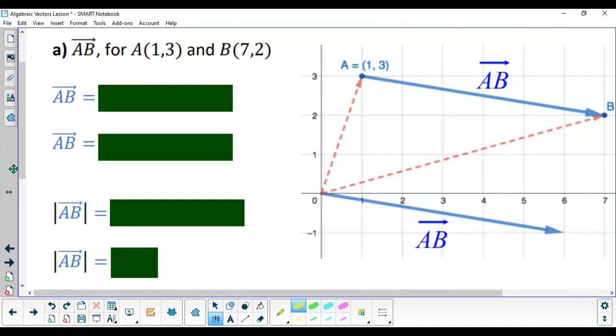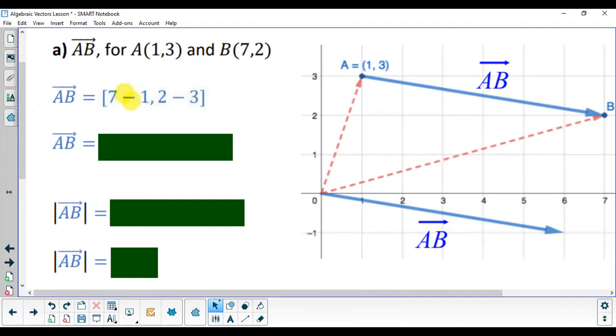If we have 2 separate points, and I'm trying to figure out how to write vector AB in component form, I'm going to take the x coordinate of my tip, and I'm subtracting the x coordinate of my tail, the y coordinate of my tip minus my y coordinate of my tail.